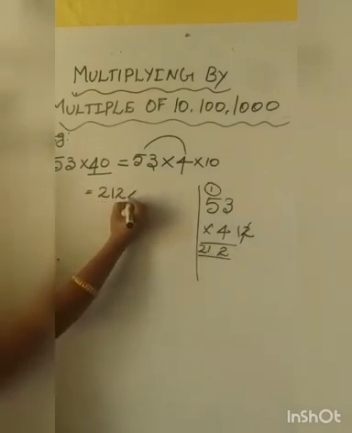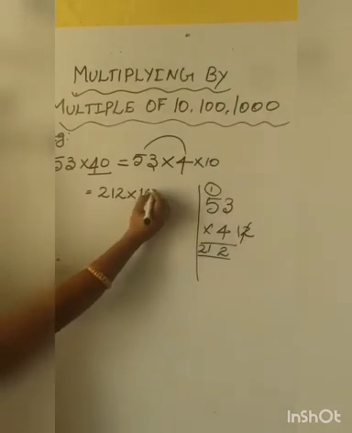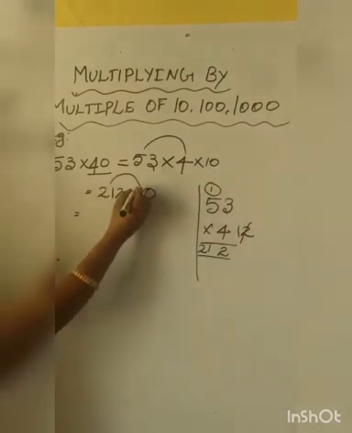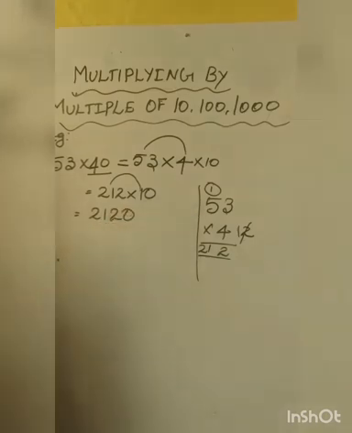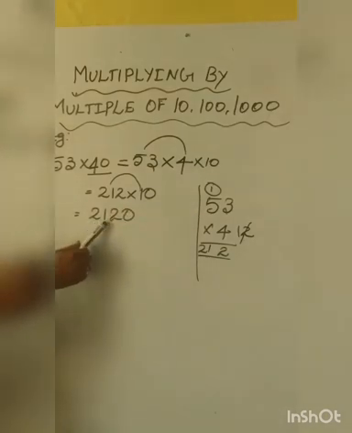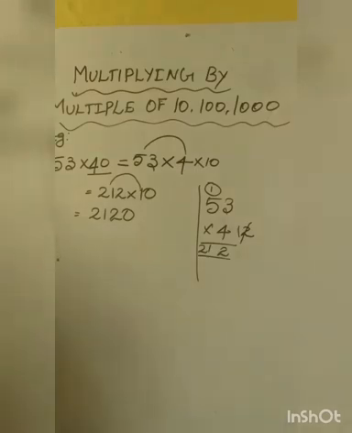212. Next you have to multiply by 10. So 212 into 1 is equal to 212. How many zeros? 1 zero. So the answer is 2120. This process is also known as the distributive property.